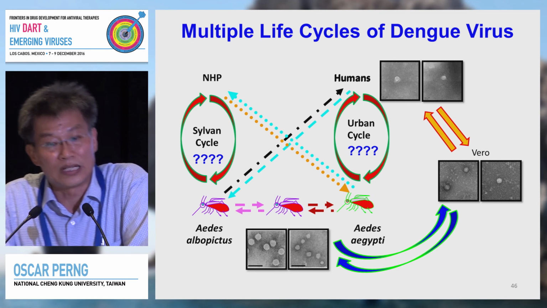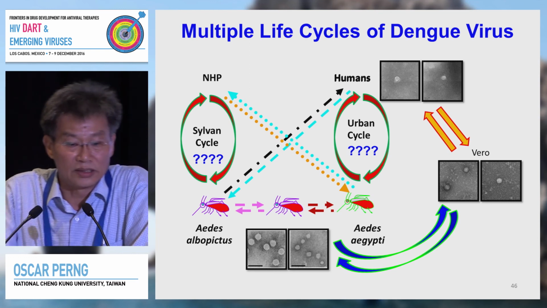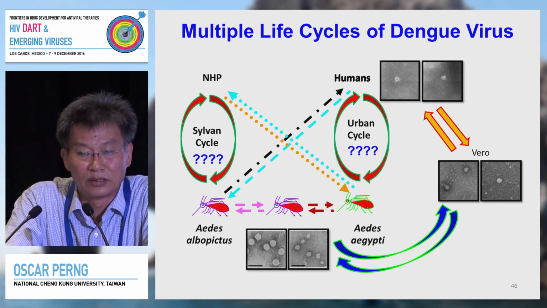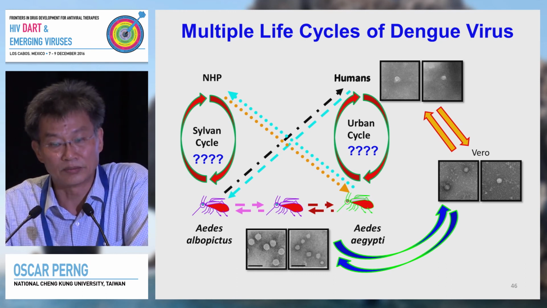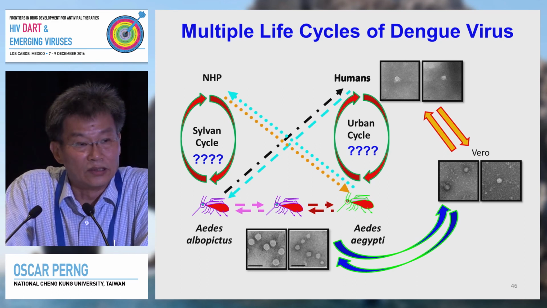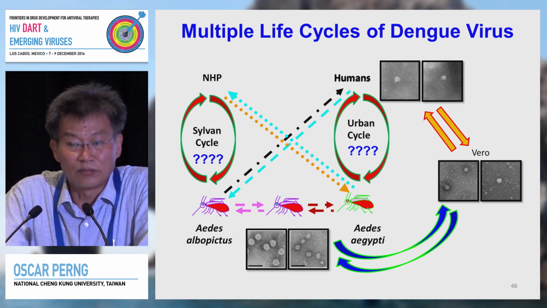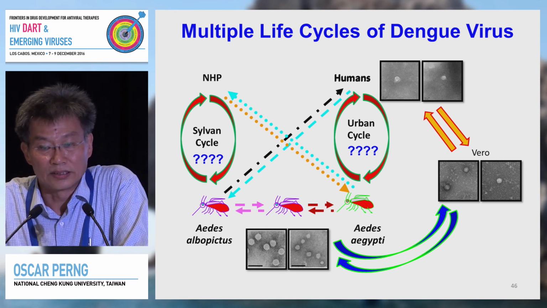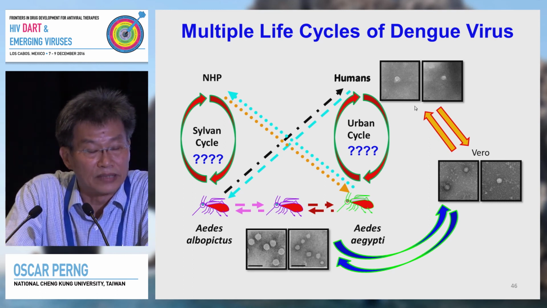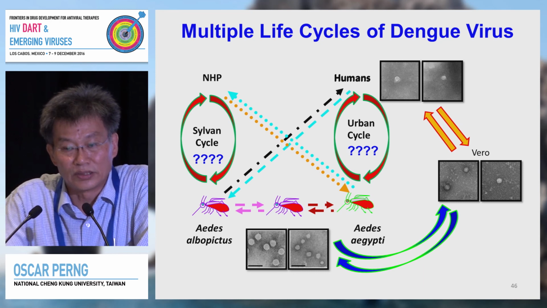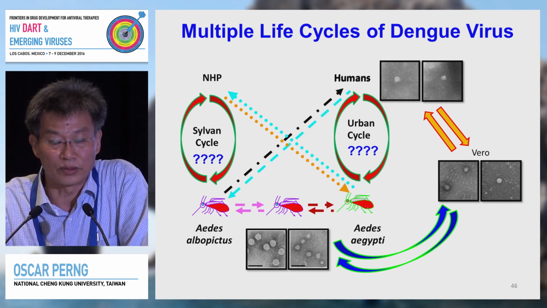Okay, so in terms of the last 2 slides, one is that the dengue virus probably does have multiple life cycles. We know a lot in tissue culture, but we don't know much in humans, because we don't have a very good animal model for that. In terms of morphology, they're also different. One thing I did not mention is that the cell membrane or surface of this viral particle is derived from the megakaryocyte. So if you do the staining, it's CD61 positive for that.